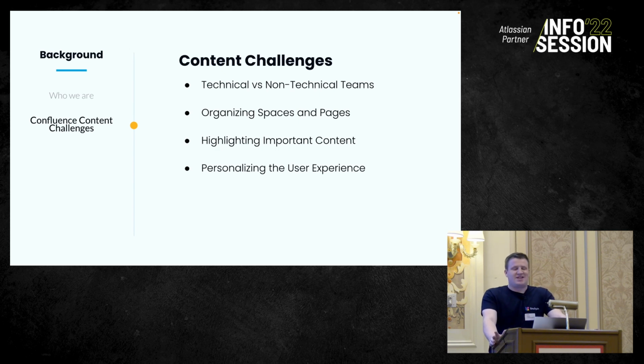So some content challenges or things I run into when I'm talking to other companies about an intranet: they have a divide between technical and non-technical teams. Most times, IT or the developers are using Confluence, and then some other tool is being used for those non-technical teams.